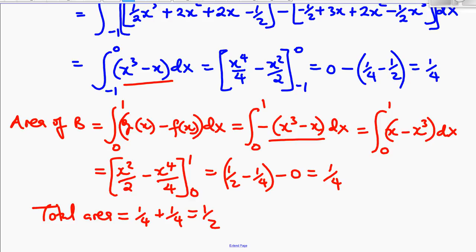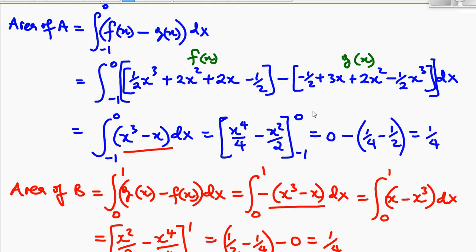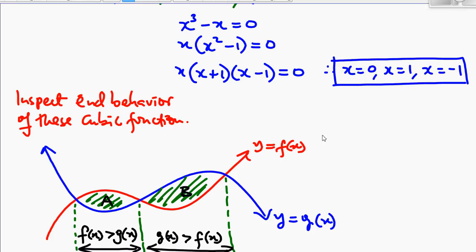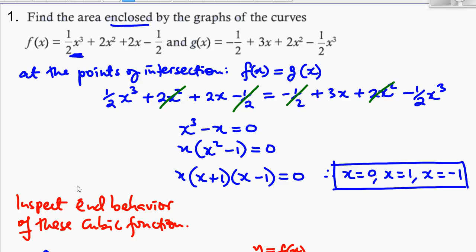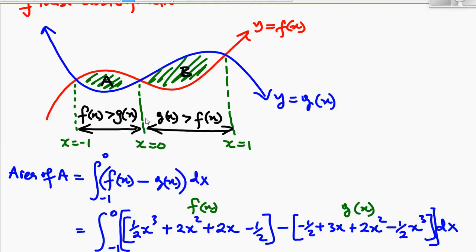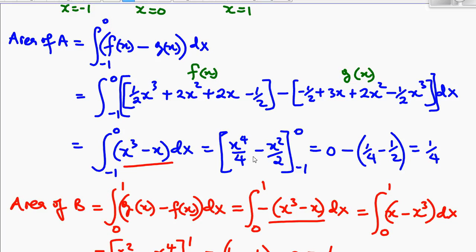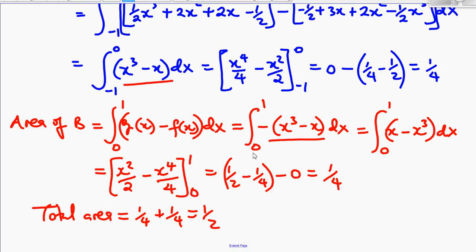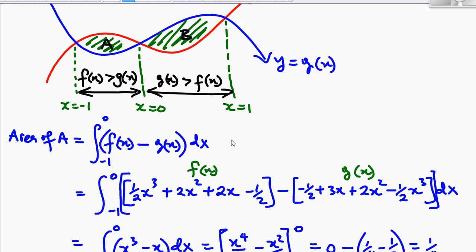So this is the process of how to work out this question. The first step is sketching it, visualizing how it looks, finding the x-intercepts, deciding which function is above the other one, and then using that idea to know how to work out the area of A and the area of B.